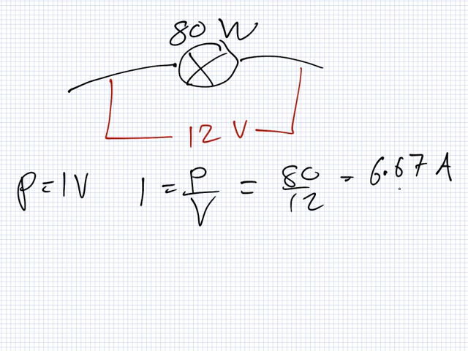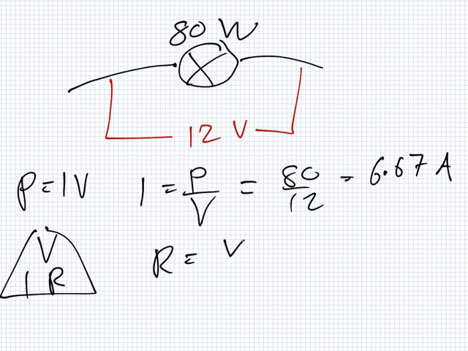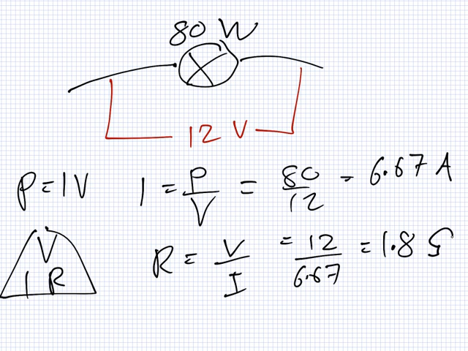And then from our triangle VIR, R equals V over I, which is 12 over 6.67, which is 1.8 ohms, which is good news for us. The same answer, which is good.